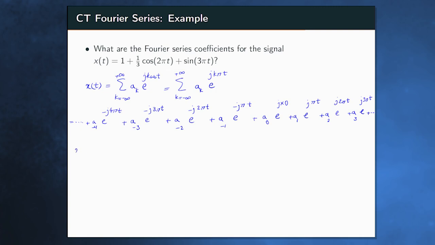So in my x of t, I have 1 multiplied by e to the j multiplied by 0, plus 1 over 3 multiplied by 1 over 2 e to the j 2 pi t, plus 1 over 3 multiplied by 1 over 2 multiplied by e to the negative j 2 pi t, plus 1 over 2j e to the j 3 pi t, and then there is a negative here, minus 1 over 2j e to the minus j 3 pi t.